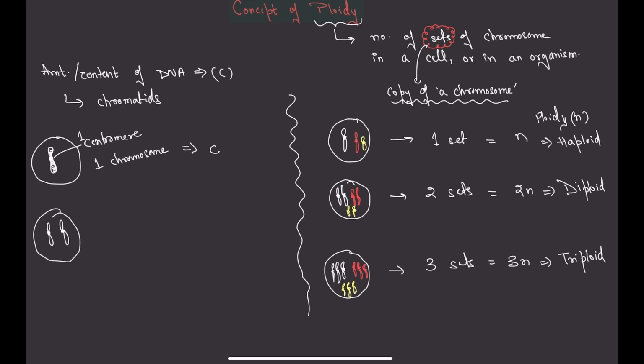Okay, now let us take another example. Now I have two chromosomes because two centromeres we can see. So two chromosomes. And these two chromosomes contain how many chromatids? 1 and 2. So these are the same type of chromosome having two chromatids. So the condition becomes 2C. Likewise, take another example.